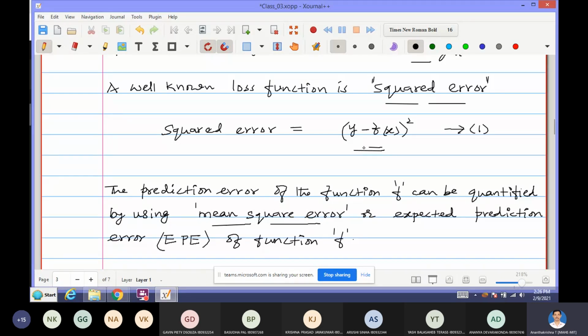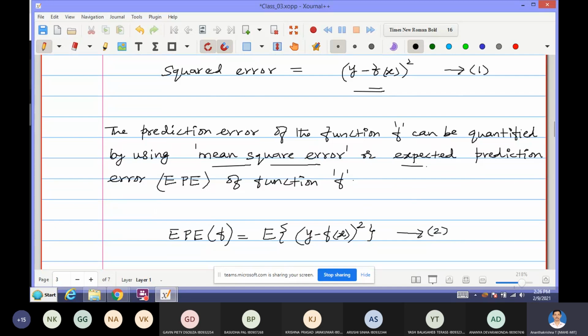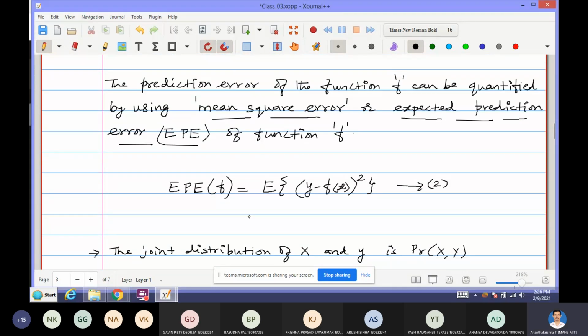The prediction error of a function f can also be quantified by using the mean square error, or it's commonly known as the expected prediction error, EPE, of a function f. Here EPE is not a function of f, but rather it's the EPE of the function f.